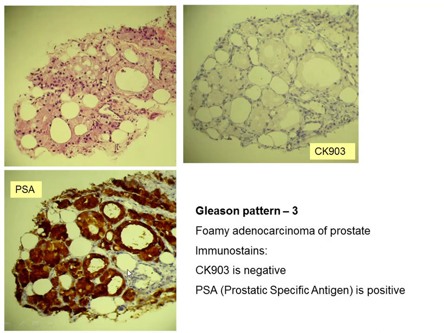And here you can see that cytokeratin 903 gives a negative reaction, so not one basal cell is present in this tissue, no basal cells, so it's adenocarcinoma. And our final diagnosis for this sample will be foamy adenocarcinoma of the prostate gland, Gleason 3.